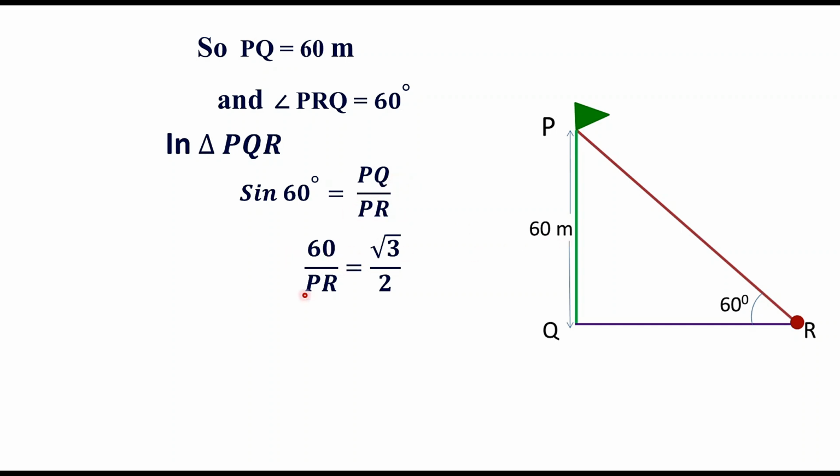So 60 meter divided by PR is equal to root 3 by 2, which is the value of sine 60 degree. And after cross multiplication, PR root 3 is equal to 60 into 2. 60 into 2 is equal to 120, and root 3 is in multiplication with PR, and when it will come to the right hand side, it will go to the divide. So PR is equal to 120 by root 3.